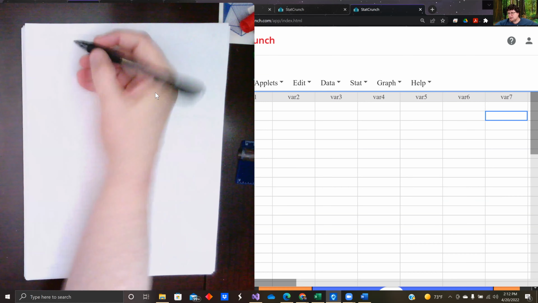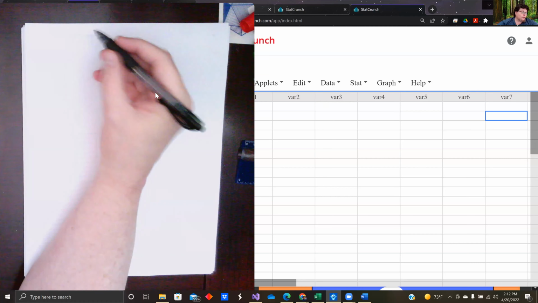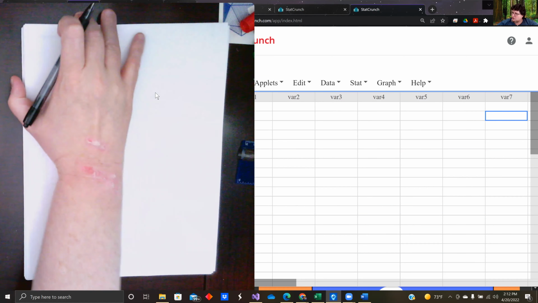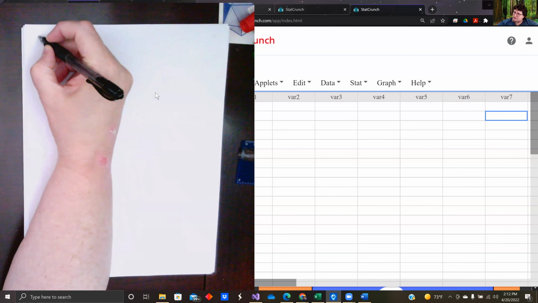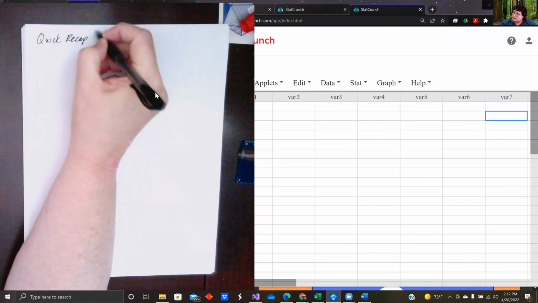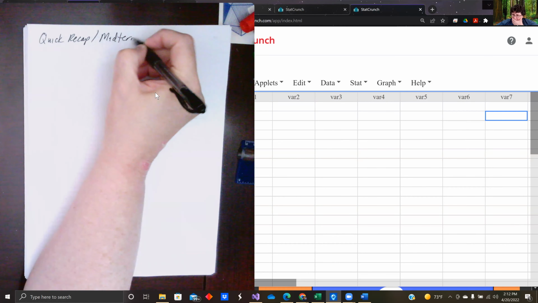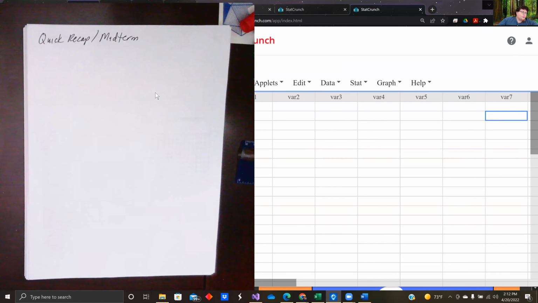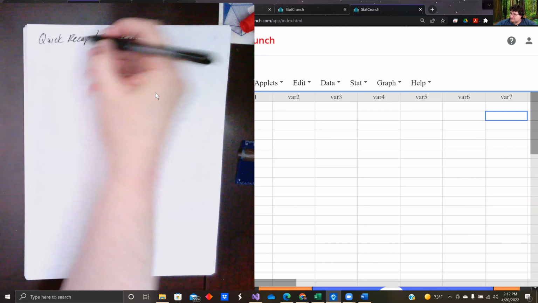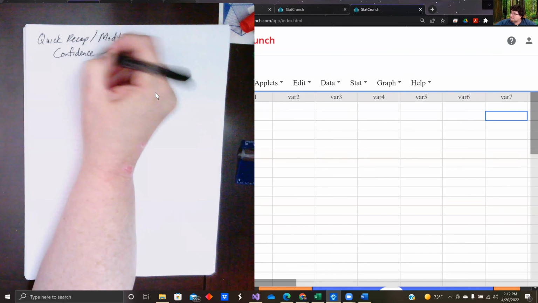Before I do, I want to do another recap. I think these recaps help reinforce everything that's going on. So what have we done since the midterm? From the midterm on, we have looked at confidence intervals and hypothesis tests.